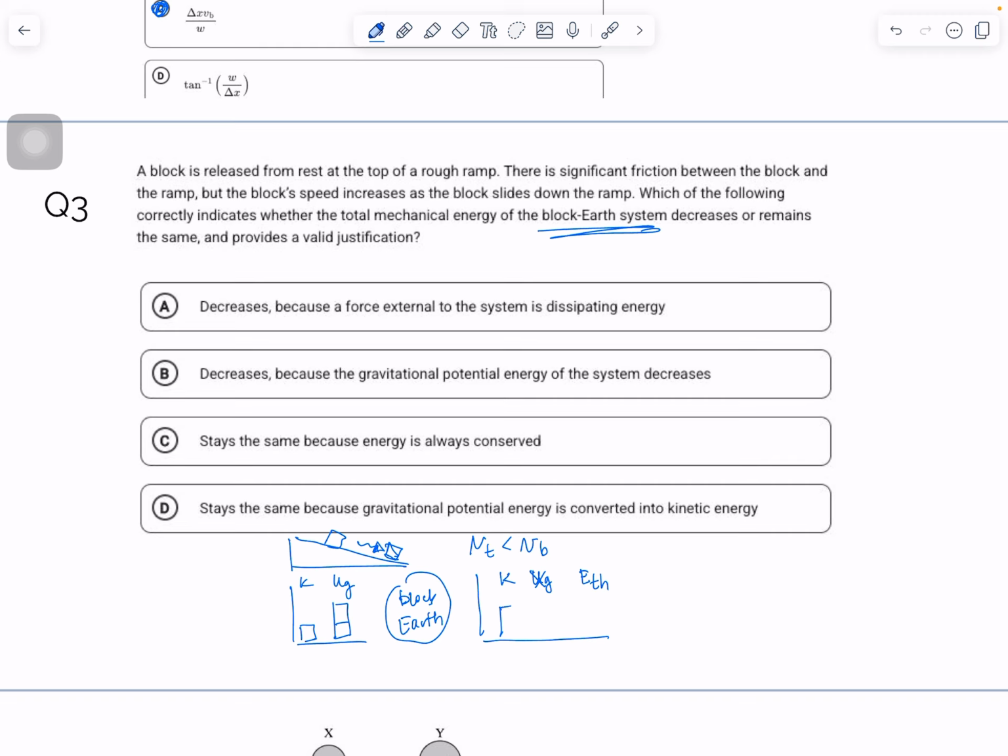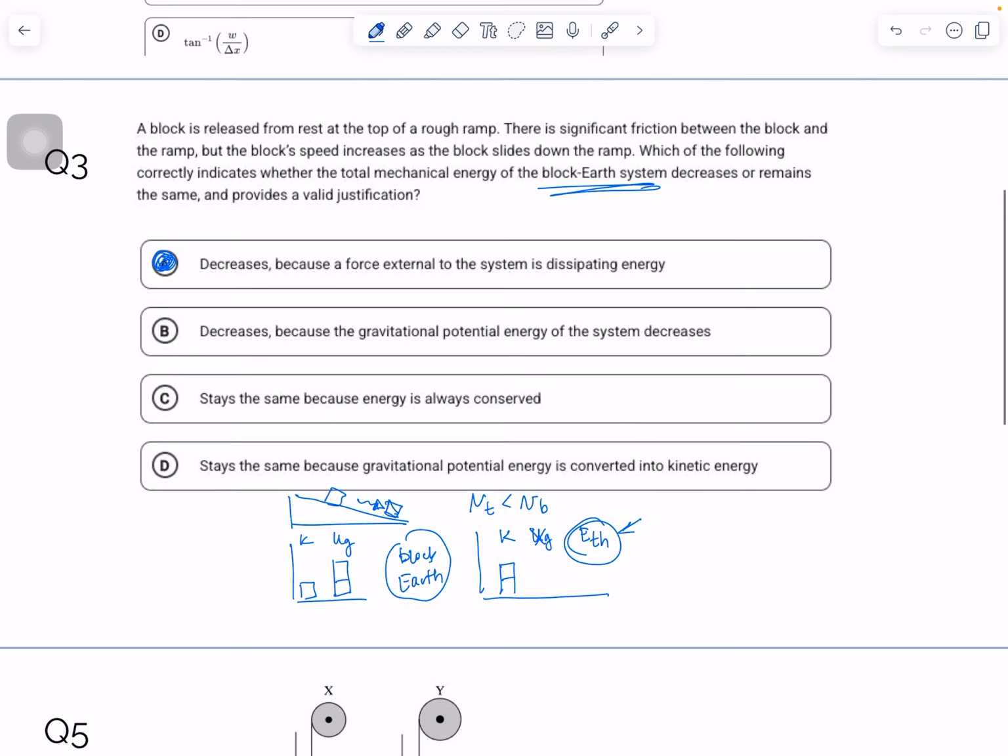Kinetic is faster. I know that the total energy has decreased because of this ETH, and so total energy is decreased. So even though it's speeding up, because I have energy going into my thermal account, the total mechanical energy is going to decrease.